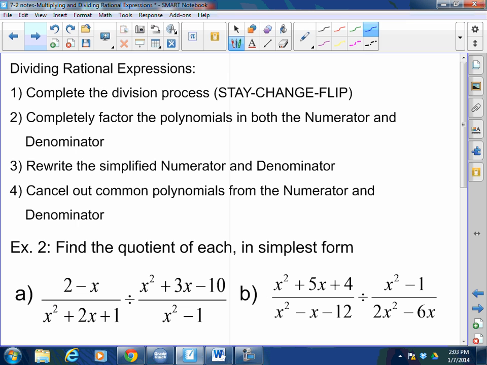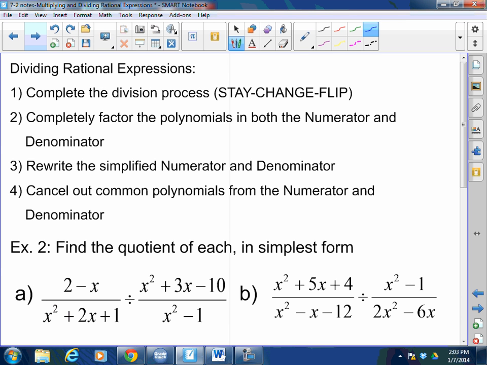Okay, let us continue with dividing now. When we're dividing, complete the division process first. Remember the song: state, change, flip. First, do your state, change, flip. Then completely factor the polynomials in the numerator and denominator. Then rewrite the simplified numerator and denominator. Then cancel out the common polynomials in the numerator and denominator.